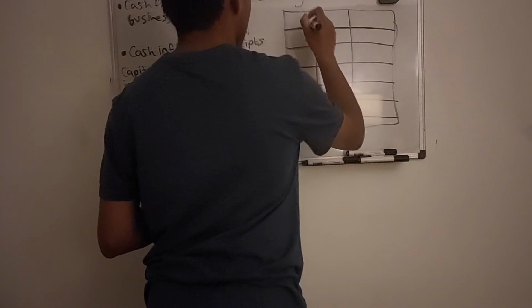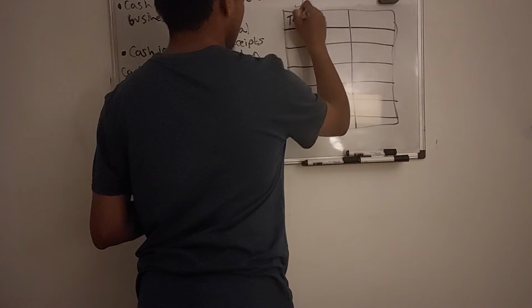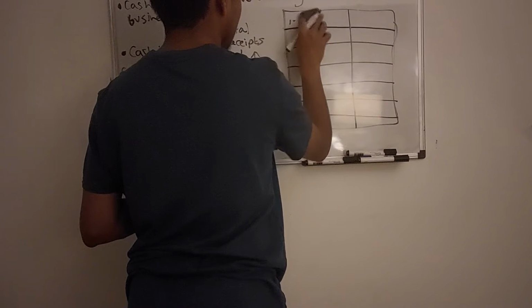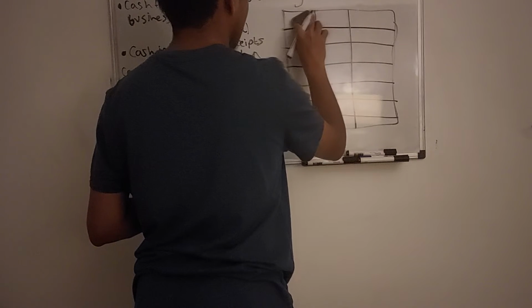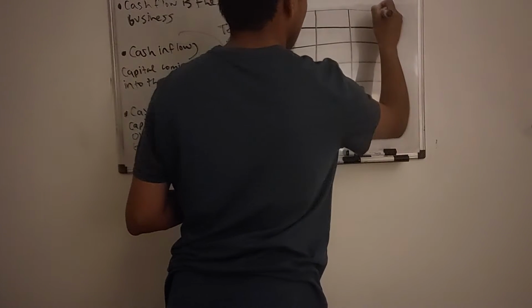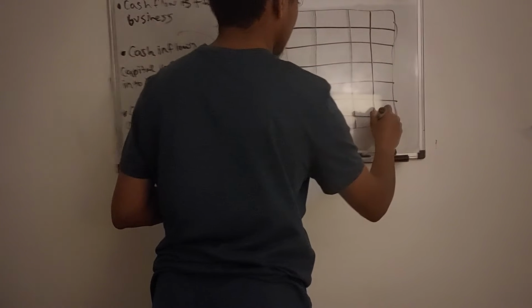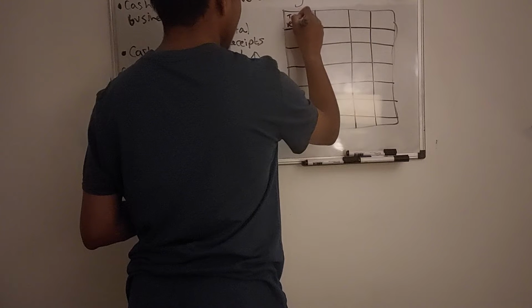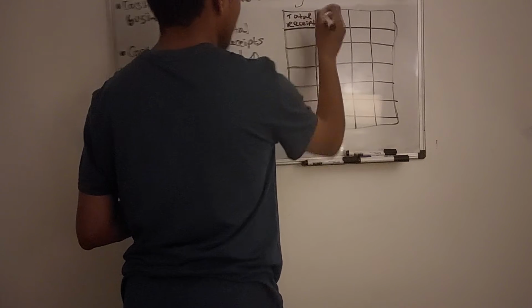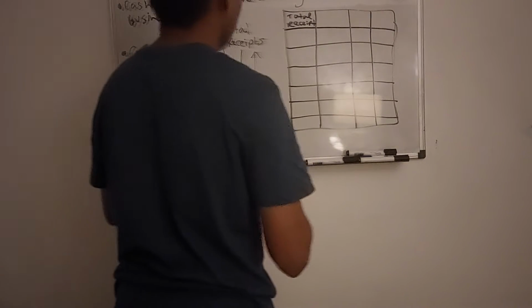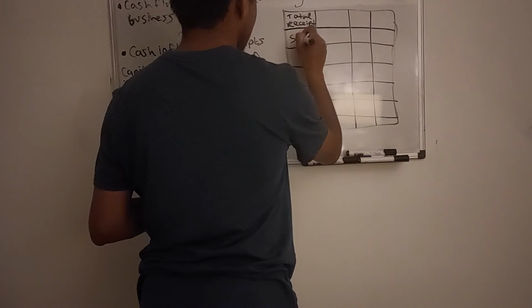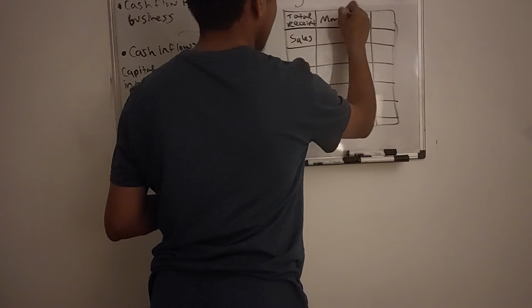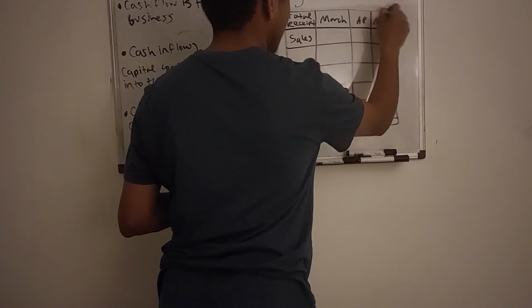So this is your total receipt. That's money coming into the business, like I told you before. Sales: March, April and May.